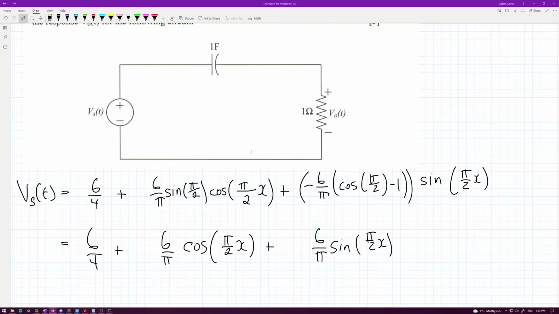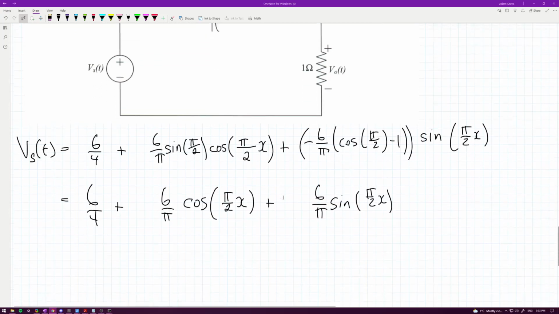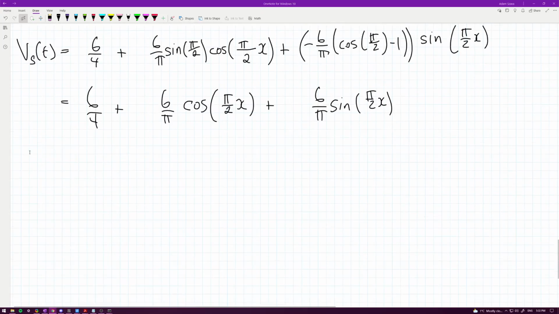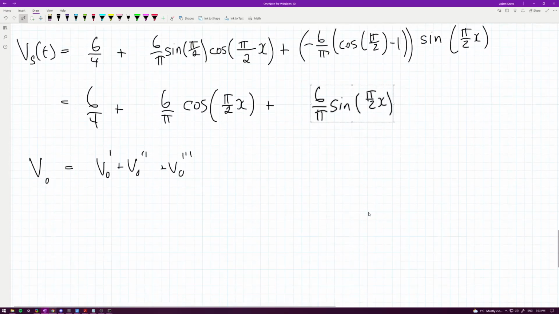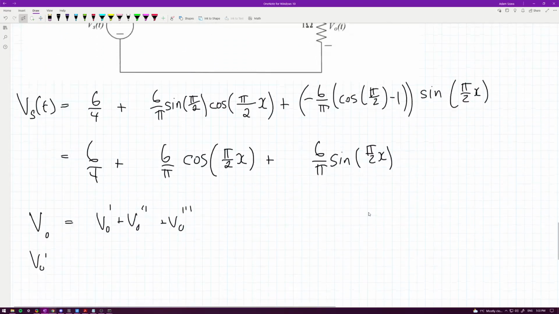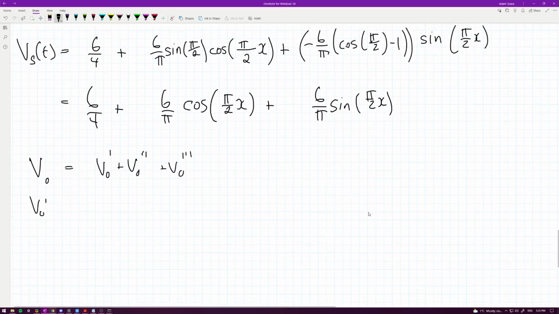Okay, so there's my source. I can say VO is equal to VO prime plus VO double prime plus VO triple prime, one for each. It's a linear system. To calculate VO prime, the source is a 6 over 4 volt source, and then we have a capacitor here, and we're just looking for the resistor here.